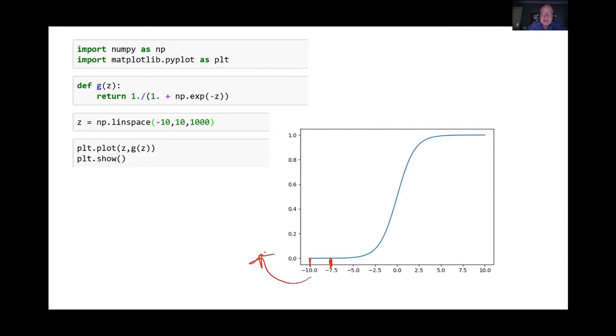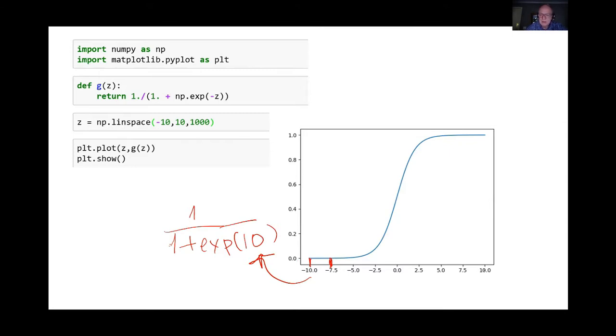The value of the logistic function is 1 divided by 1 plus the exponential of minus (-10), so that's plus 10. The exponential of 10 is a pretty big number, so we have a large denominator, and this will be a small number, very close to 0.